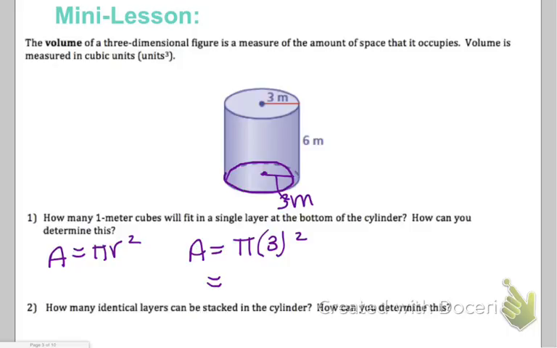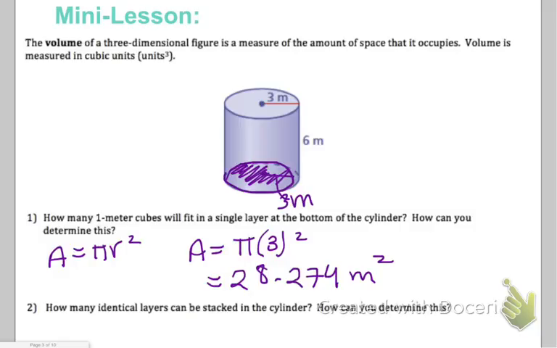Actually, I'm sorry, your handout should say to round to the nearest thousandth, so we're going to round 3 decimal places. 28.274 meters squared. So that's the space that would occupy the bottom of our cylinder.